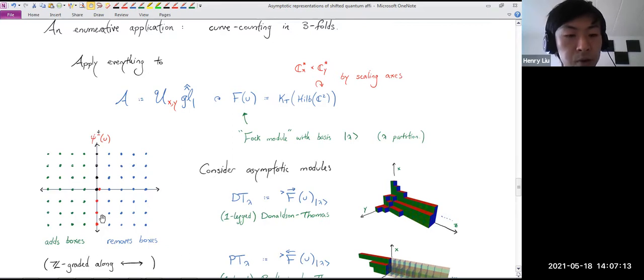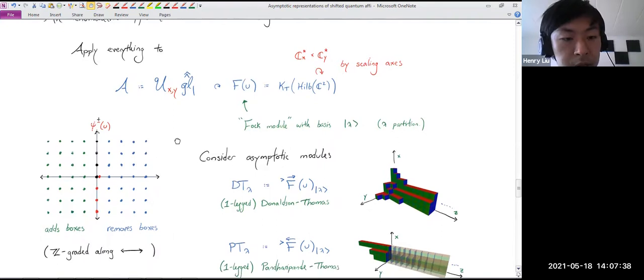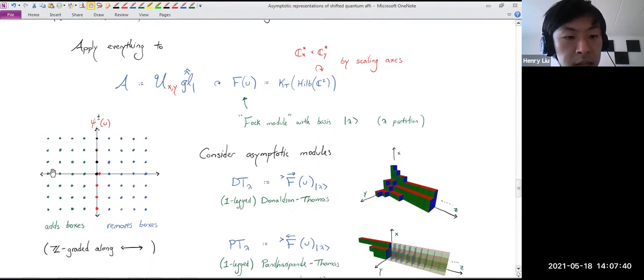UQSL2 hat has one lowering operator, which will be one column of blue dots. That lowering operator is called E. It has one raising operator, one column of green dots, that's called F. For the quantum toroidal GL1, you just have infinitely many, indexed by the natural numbers. And of course there will be a Z grading by how far you are along the horizontal axis.